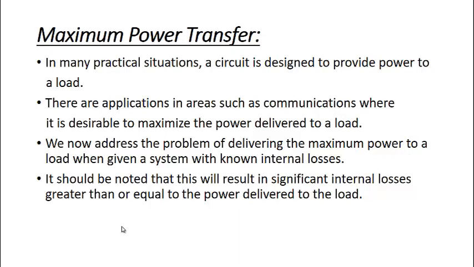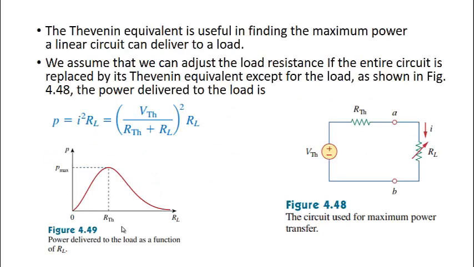It should be noted that this will result in significant internal losses greater than or equal to the power delivered to the load. So when we are not concerned about the losses, we can use the maximum power transfer. If we are concerned about the losses, then we cannot use this, because when we maximize the power transfer, it also results in maximizing the internal losses.